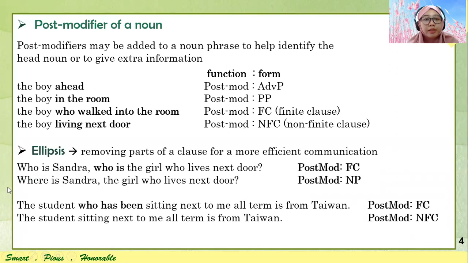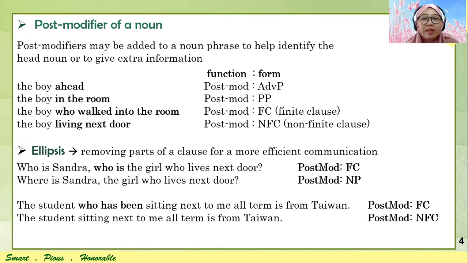And then the next one is ellipsis. Ellipsis is removing parts of a clause for more efficient communication. So please remember that in using language to communicate with each other, humans tend to be more efficient. So in communication, of course, we want to say everything in the most efficient and the shortest way possible.